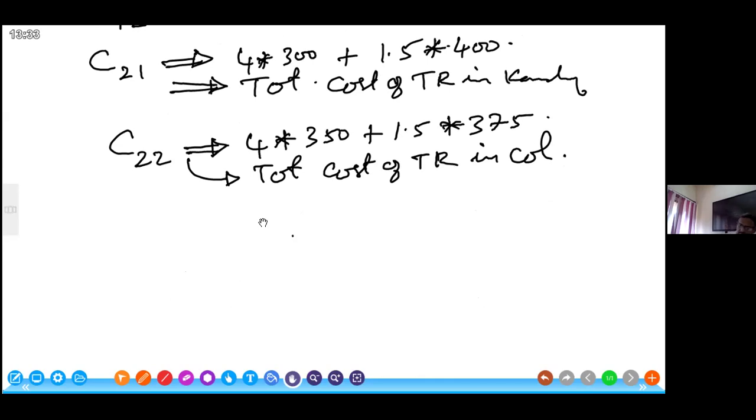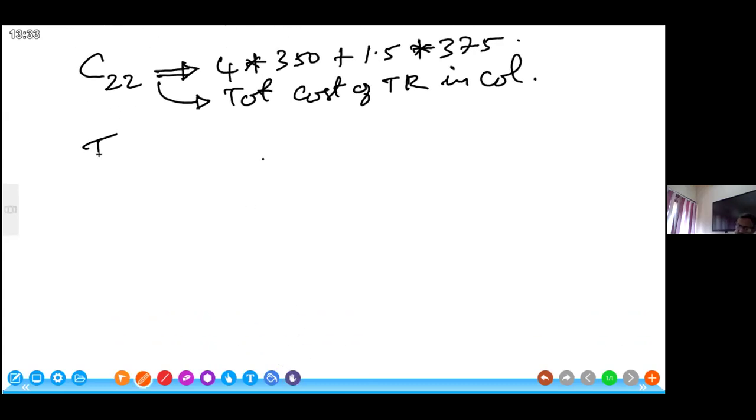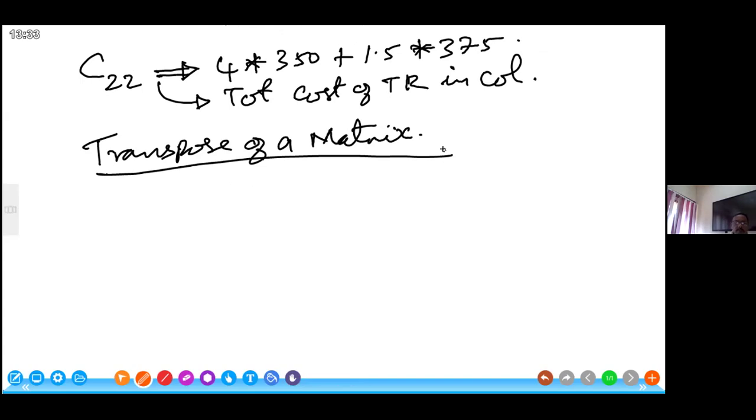Right. The next one is transpose of a matrix. We can indicate transpose like A^T.